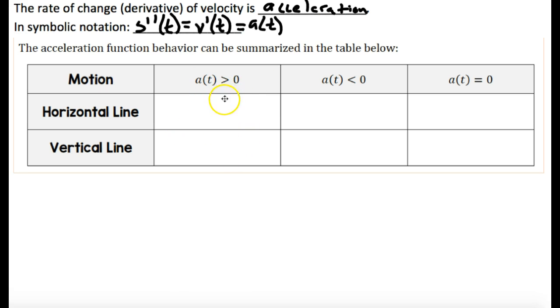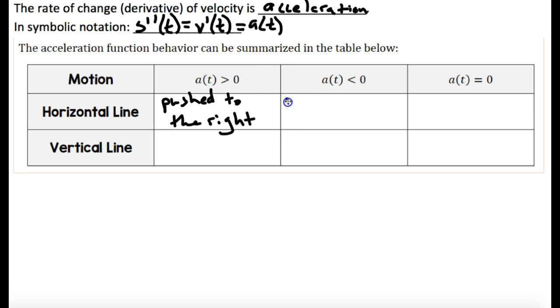So if acceleration is positive, for a horizontal line, that means that the object is being pushed to the right. That doesn't necessarily mean it's going to the right. It just means it's being pushed to the right. There's a force acting on it, pushing it to the right. So even if my object is moving to the left, I can still have a force pushing it to the right.